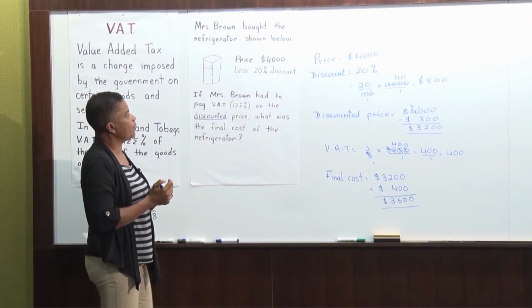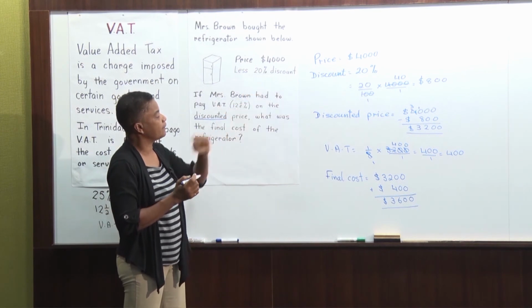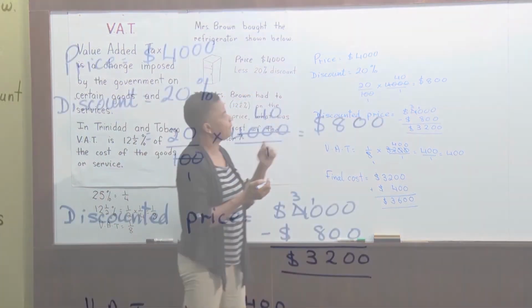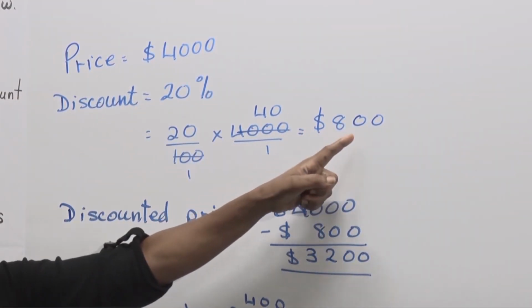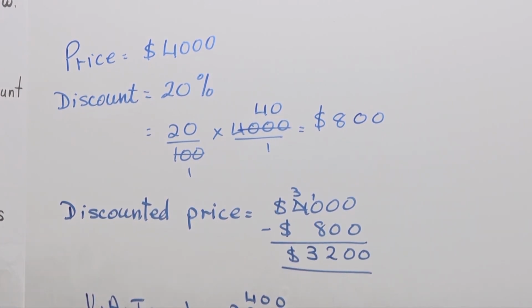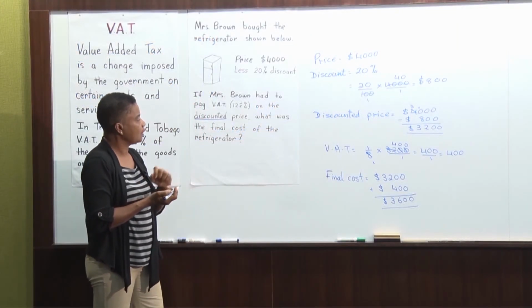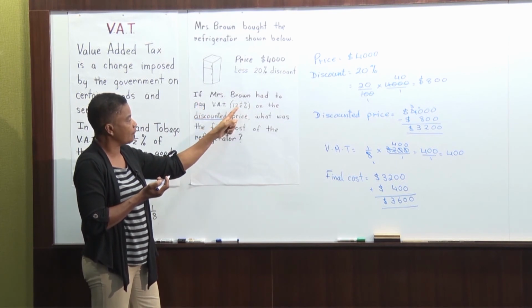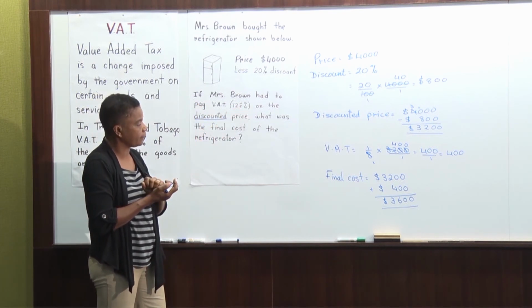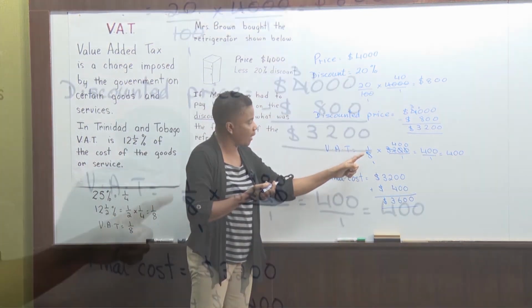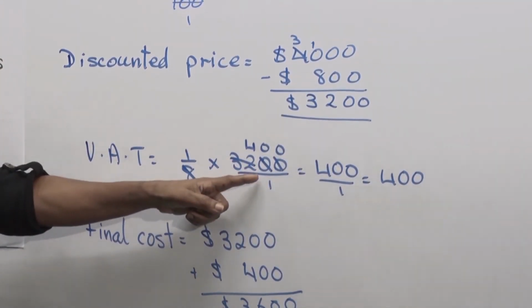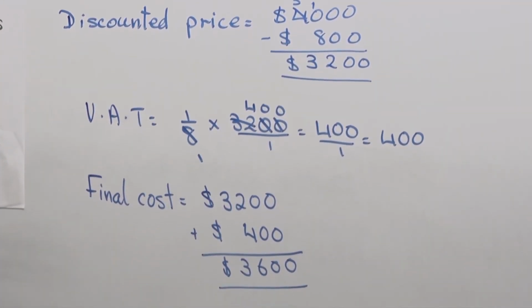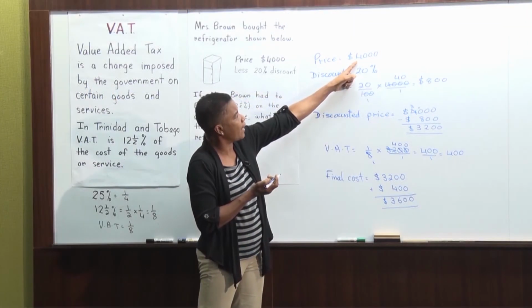Let's look at that again. The first thing we found was the 20% discount. The 20% discount worked out to be $800. She's getting VAT on the discounted price. She has to pay the VAT of 12.5 or 1/8. So we are working out 1/8 of $3,200. Why aren't we working out 1/8 of the 4,000?